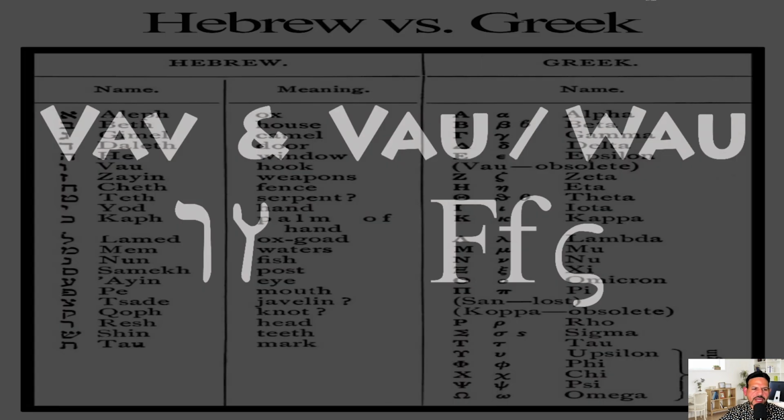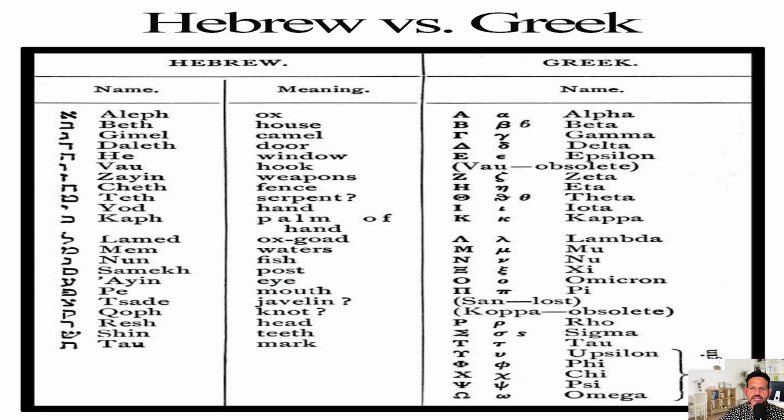So remember, you can actually compare the Hebrew with the Greek and see in many charts like this one that there is a correlation between Aleph and Alpha, Beit and Beta, Gimel and Gamma, Dalet and Delta, He with Epsilon, the Vav with the vowel, which is obsolete in Greek, but it used to be there. And you can go down the line and see the correlation.